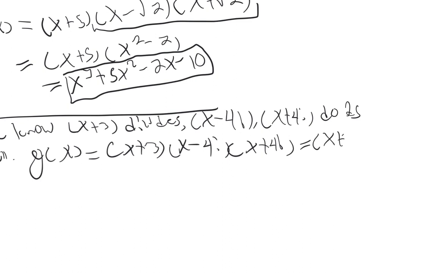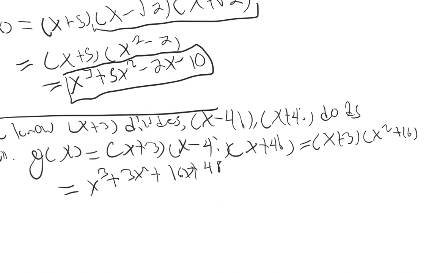So this becomes x plus 3 times x squared minus 16i squared, which becomes x squared plus 16, which is x cubed plus 3x squared plus 16x plus 48. And now we do long division.